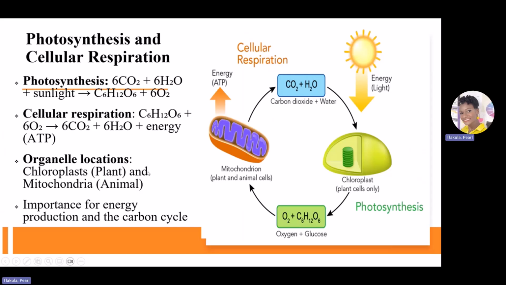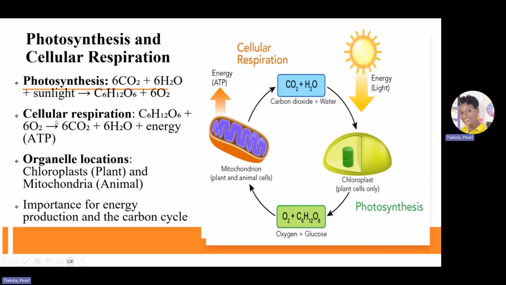The other important aspect to learn about for examination preparation is photosynthesis and cellular respiration. So photosynthesis, remember, is made up of 6 carbon dioxide, 6 waters, plus sunlight, and it releases what we call the sugars, which is made up of 6 carbon, 12 hydrogen, 6 oxygen, plus 6 oxygen as well.